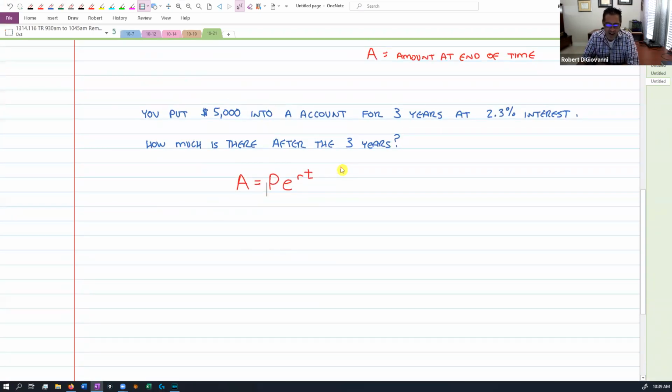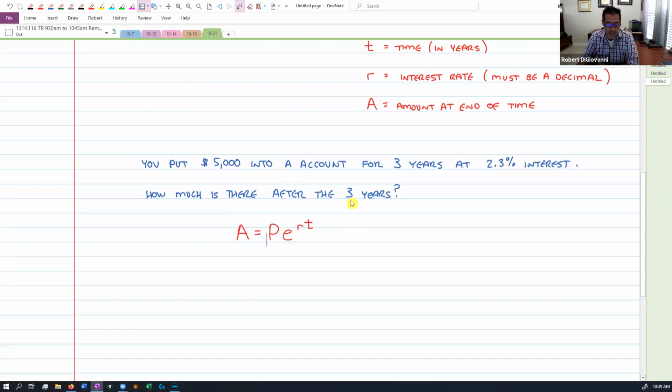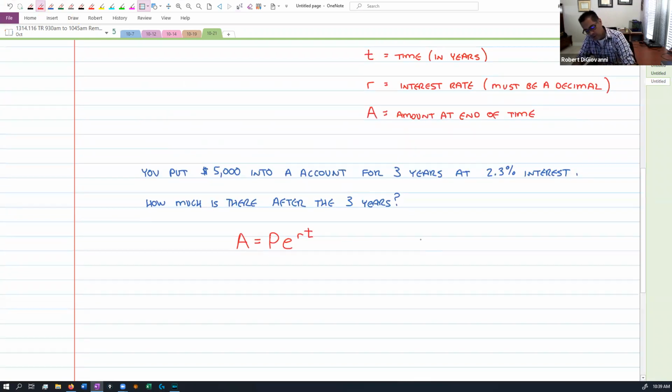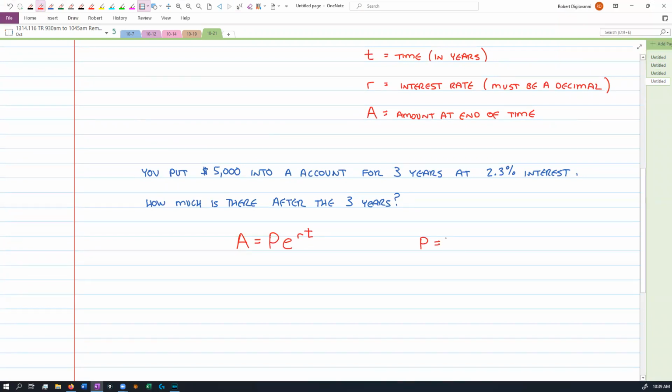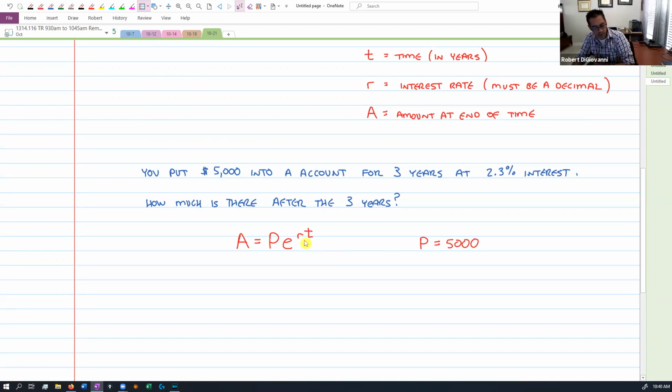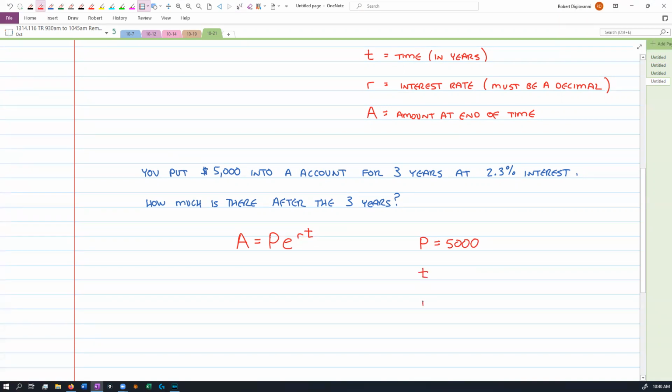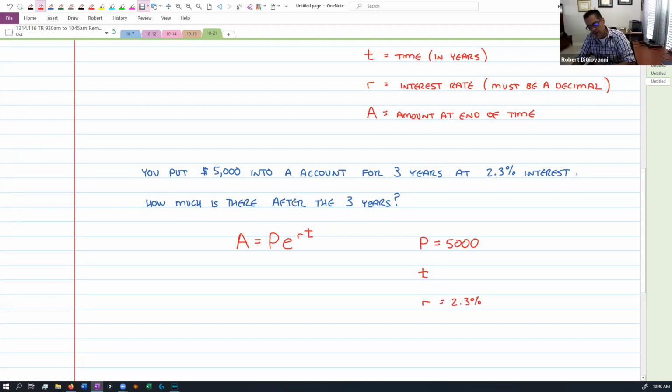PERT. What's A? We have to figure out what everything is here, right? So what's P for us? Do we know P? Do we know how much we started with? 5,000. Okay, so that's 5,000. All right. Do we know R? Do we know the interest rate? 2.3%. But I said in the formula, it must be a decimal.